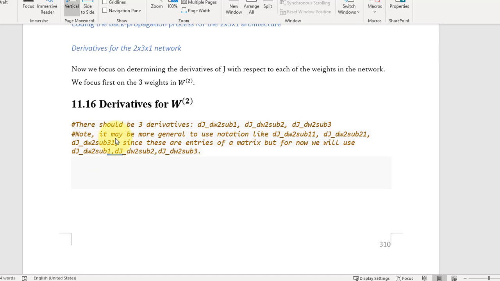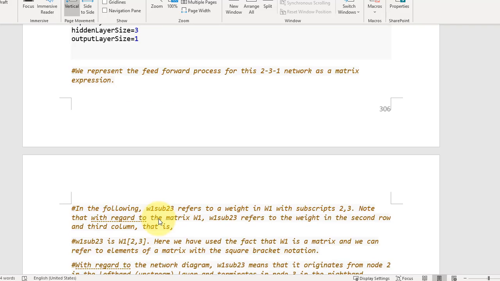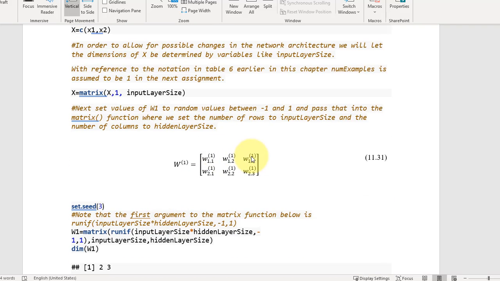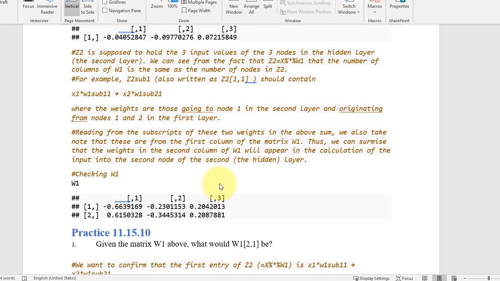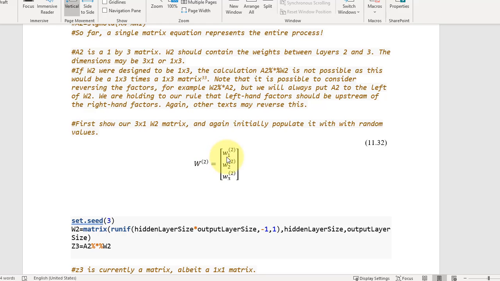So that occurs here, and we'll need the derivatives for W2 and the derivatives for W1. And again, we see that W1 is a 2 by 3. We've seen that before. And we also have the W2 matrix, which is a 3 by 1.